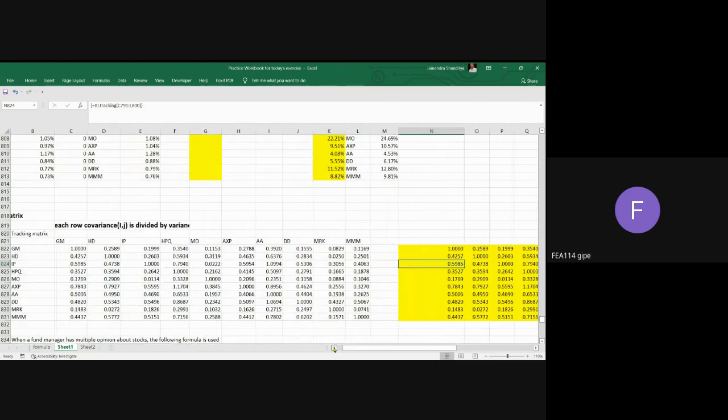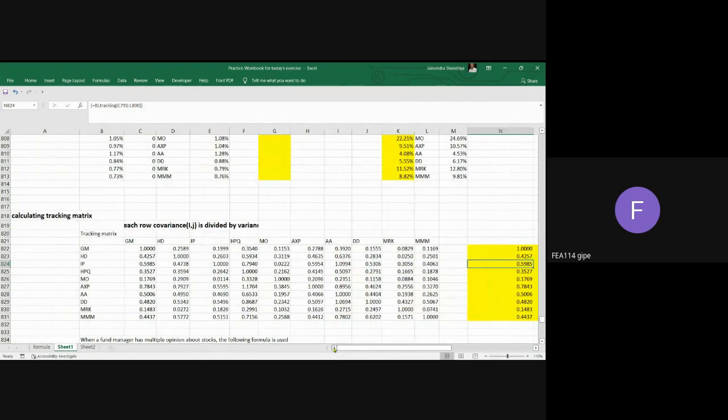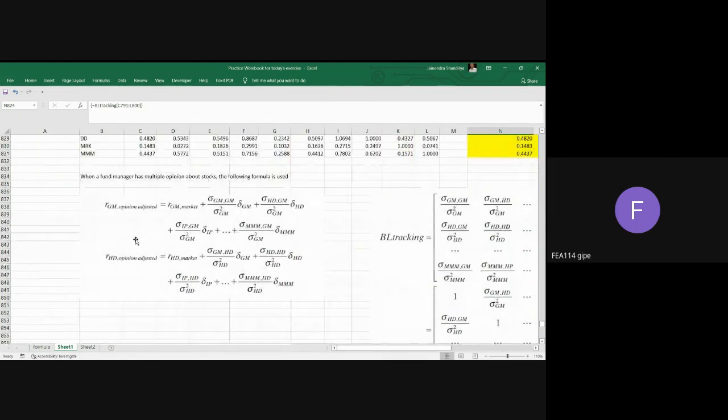Now, you might ask the question, why did I do this? Why the tracking matrix of the variance covariance? The answer is this one. On this side, if you can see what I have selected, if GM, I'm going to calculate the opinion adjusted return of General Motors, where the return of General Motors is given, the variance of General Motors is given, but also the delta of not only General Motors is given, delta of Home Depot, delta of IP, and delta of everything is given.